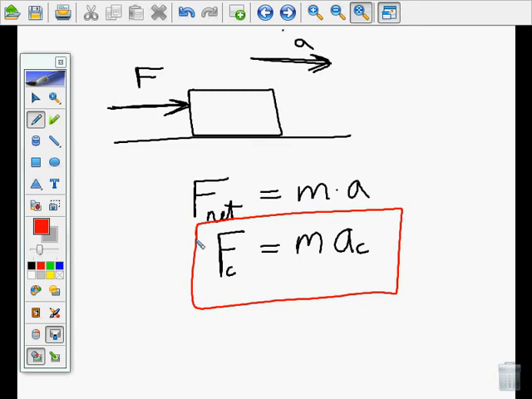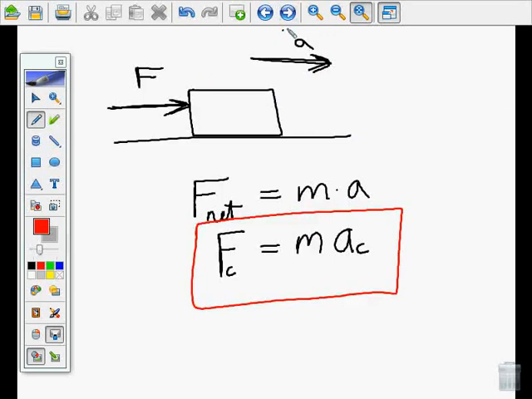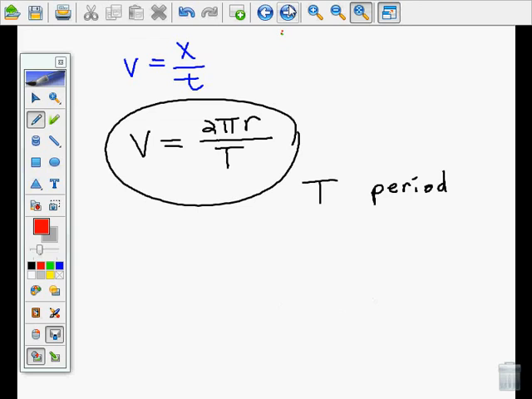So, in summary, if an object is going in uniform circular motion, the velocity is tangential, the acceleration is centripetal, and the force is centripetal. If you want to calculate the velocity, it's distance over time, but it takes on a new look: 2 pi r over t.